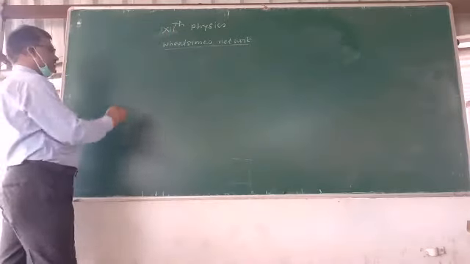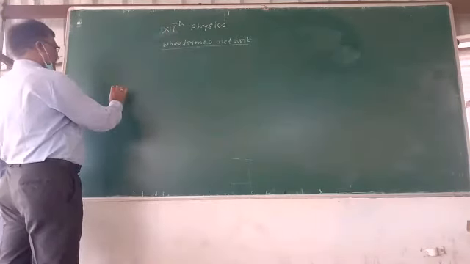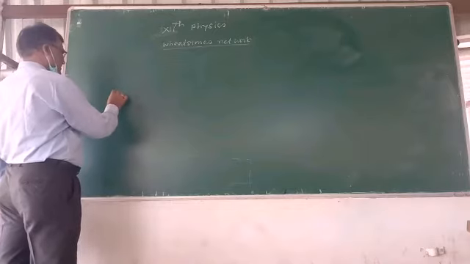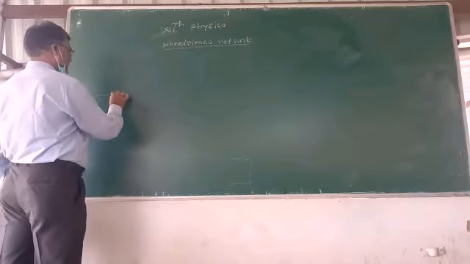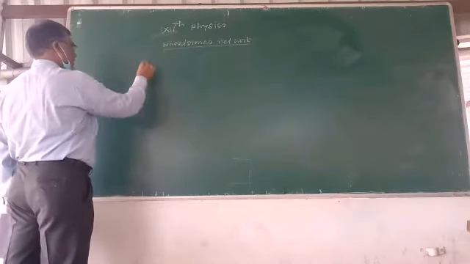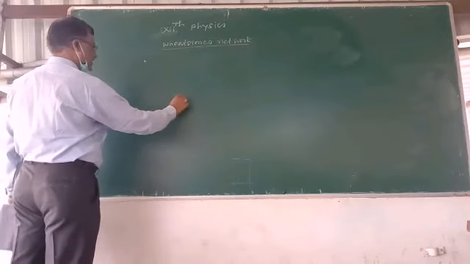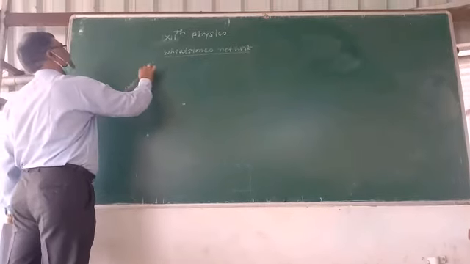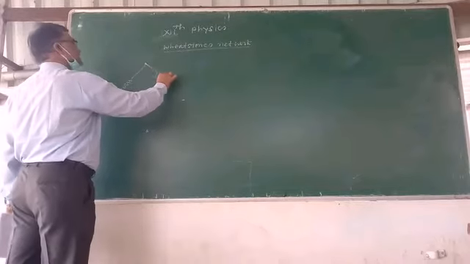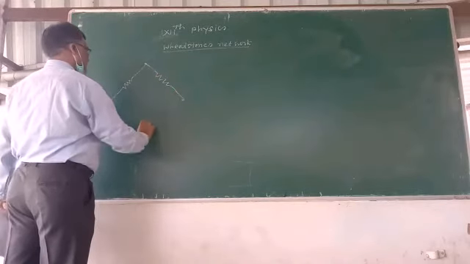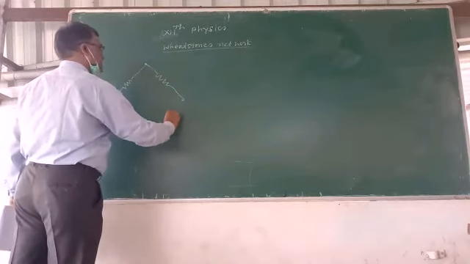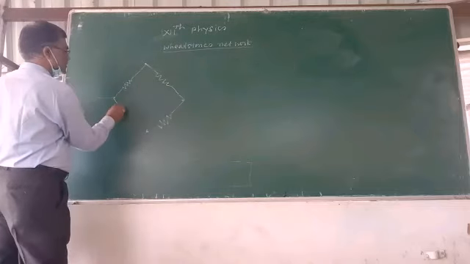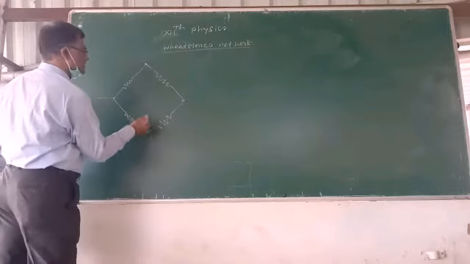Wheatstone's network consists of four resistances, arranged like this: the first point, second point, third point, and fourth point. This is the first resistance, this is the second resistance, this is the third resistance, and this is the fourth resistance.